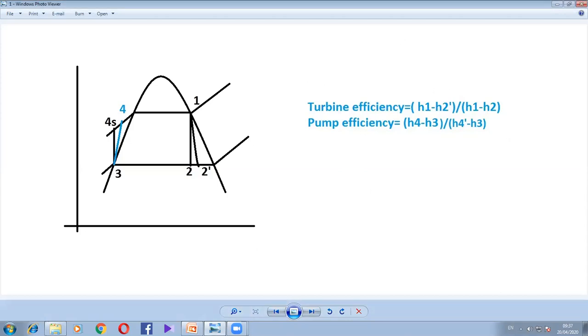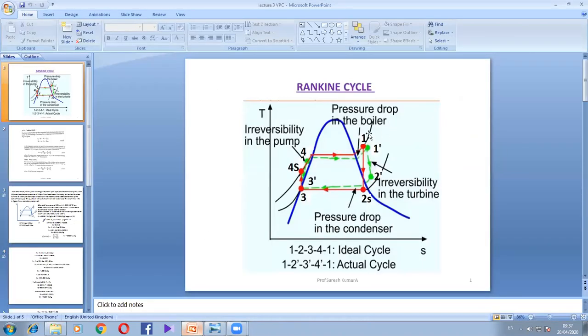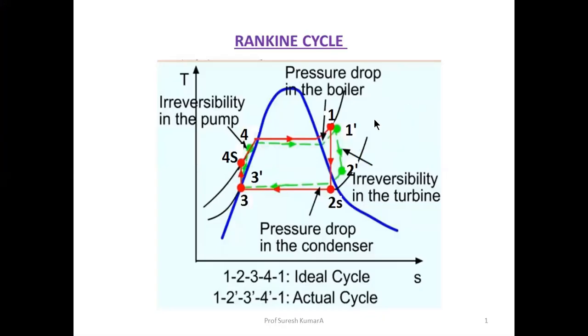So with this, let me start explaining what the actual Rankine cycle is. Usually when I take the ideal Rankine cycle, as I have explained now, it consists of process 1 to 2s, 2 to 3, 3 to 4s, and from 4s to 1.